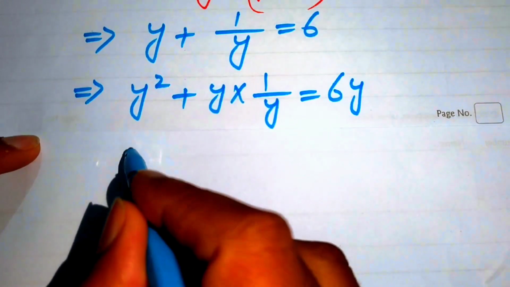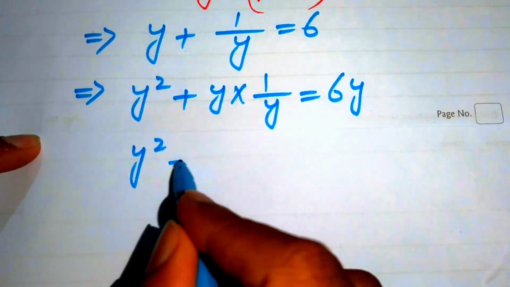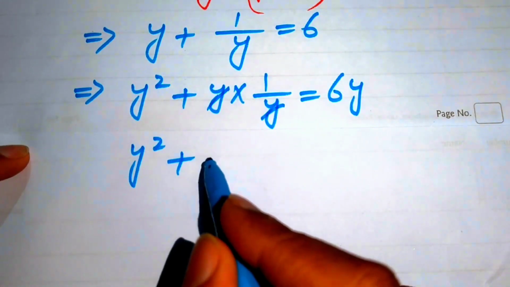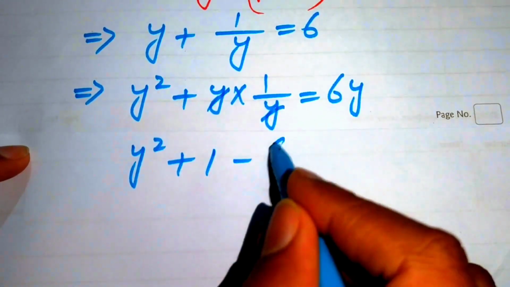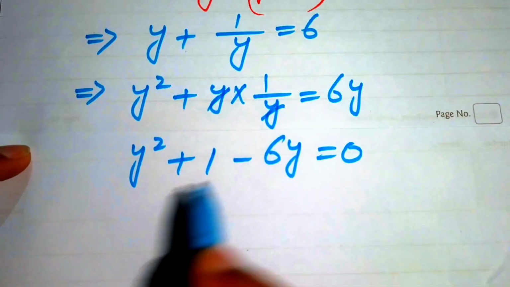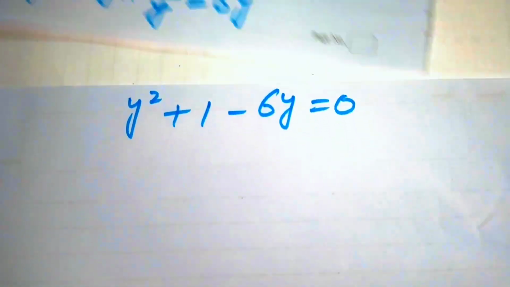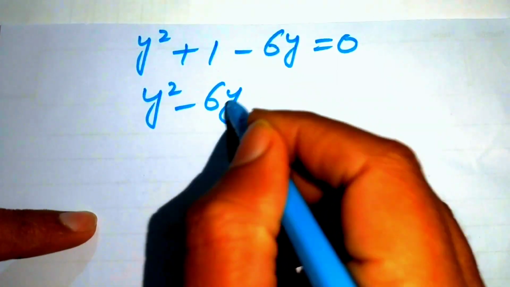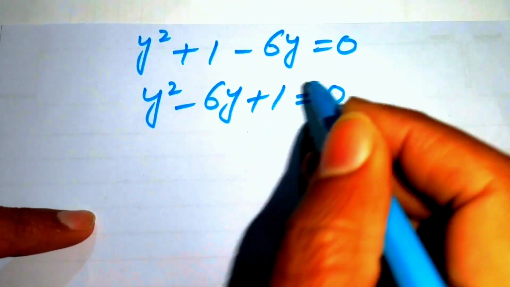And after that you get a nice quadratic equation, where these are cancelled by each other, and we get y square plus 1 minus 6 times y equals 0. So when we rearrange this equation, you get y square minus 6y plus 1 equals 0.